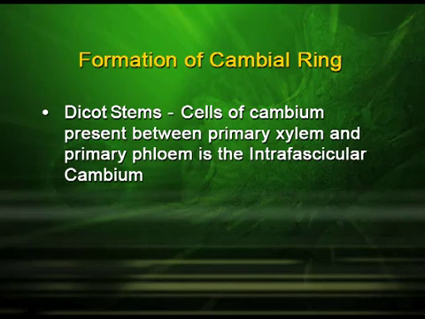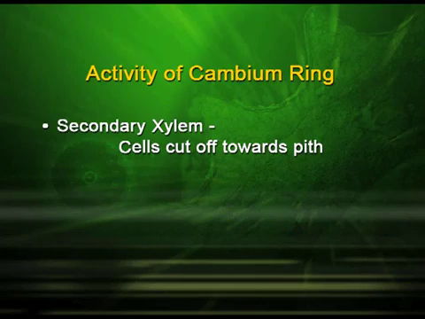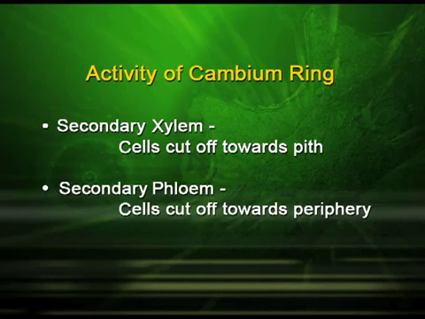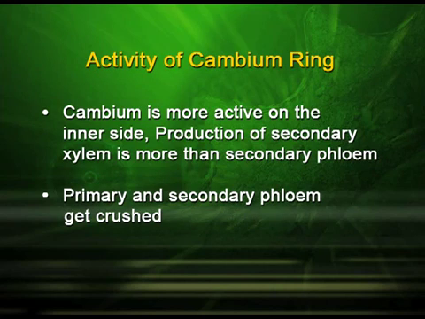Regarding the activity of the cambium ring, the secondary xylem is the cells which are cut off towards the pith. The cells which are cut off towards the periphery are called the secondary phloem. The cambium is more active on the inner side, and so the production of secondary xylem is more than the secondary phloem.